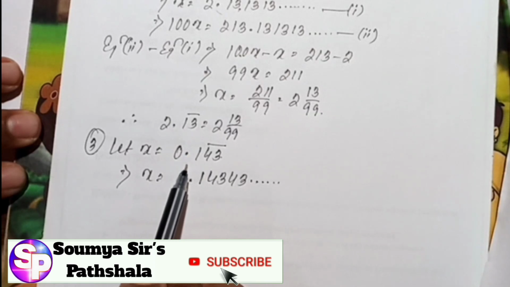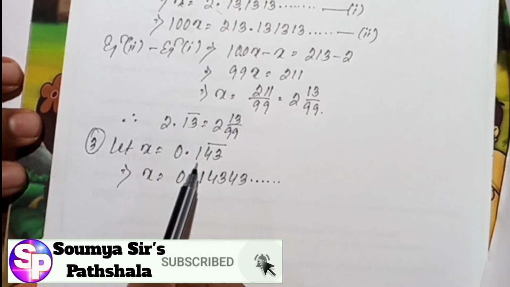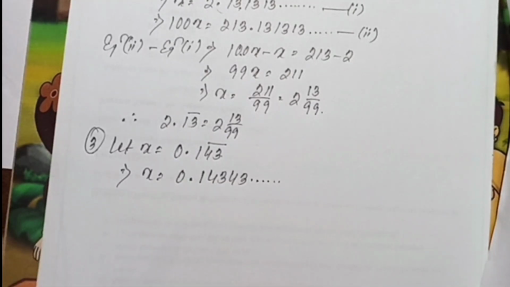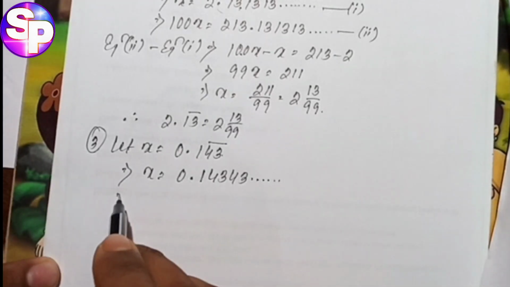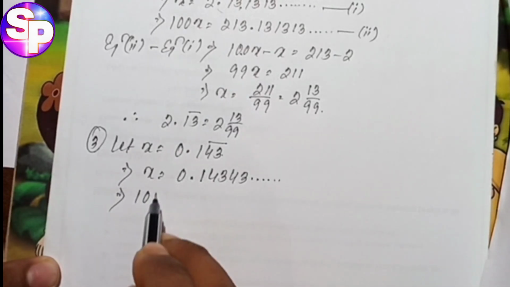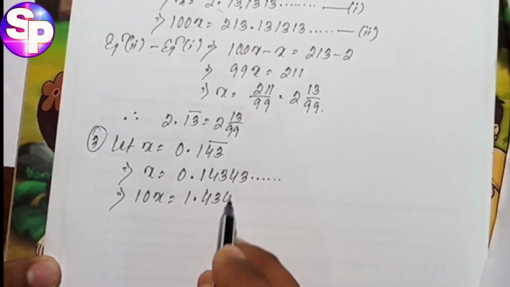Means the point should be transferred to the right up to one place, right? So we need to multiply by what? Obviously 10. So 10x is equal to 1.4343, twice I have repeated, right?